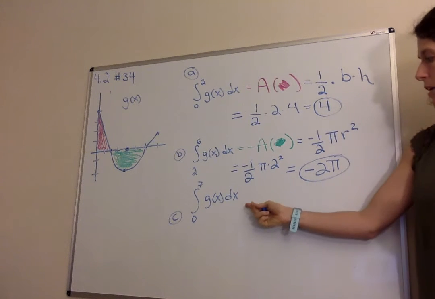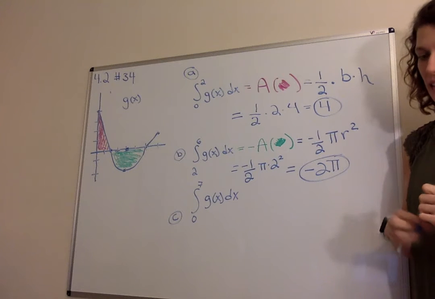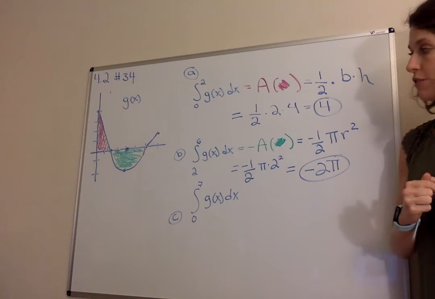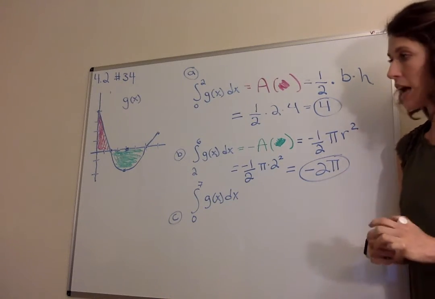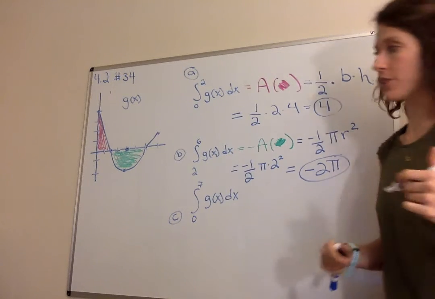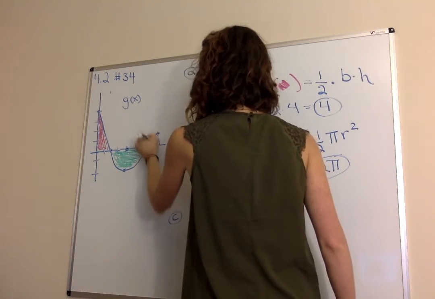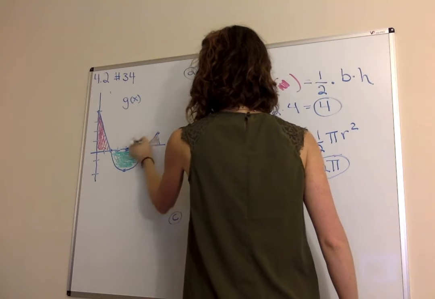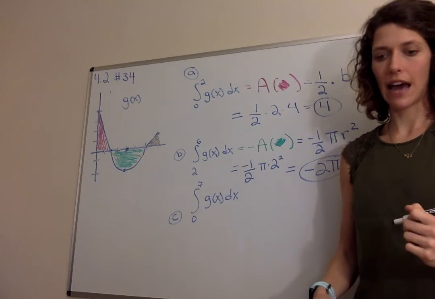And then the last one that they ask for is the full integral from 0 to 7. The full area from 0 to 7 is the pink area plus the green area plus this black shaded region, which I'm about to color in. This small triangle here is also going to have its area added.